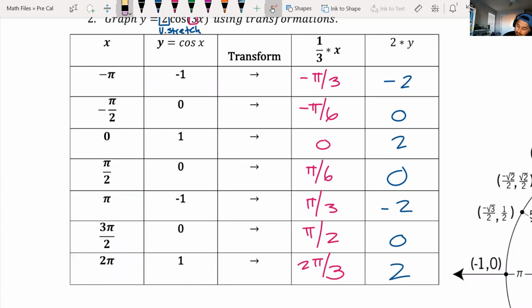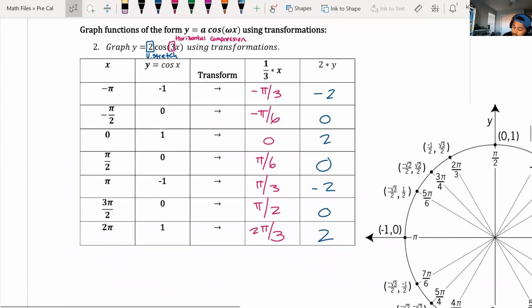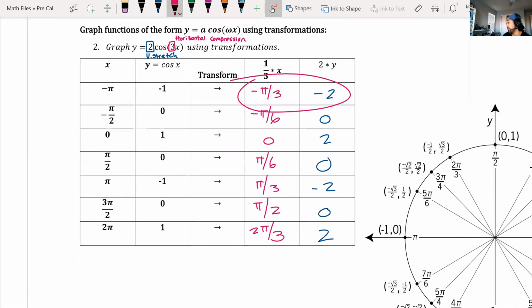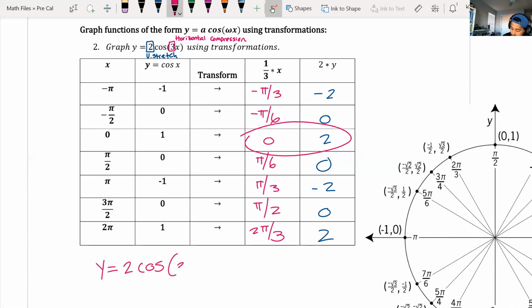There you go. And of course, you can always check your work, which would be wise to do. Let's try this first coordinate. Actually, no, we'll make it easier. Let's try 0, 2. So let's go ahead and check this work. We're going to get y equals 2 times the cosine of 3 times 0. This will give me 2 times the cosine of 0. What is the value of cosine at 0?